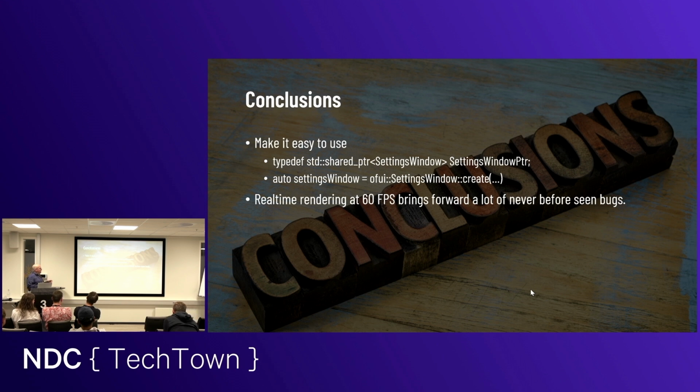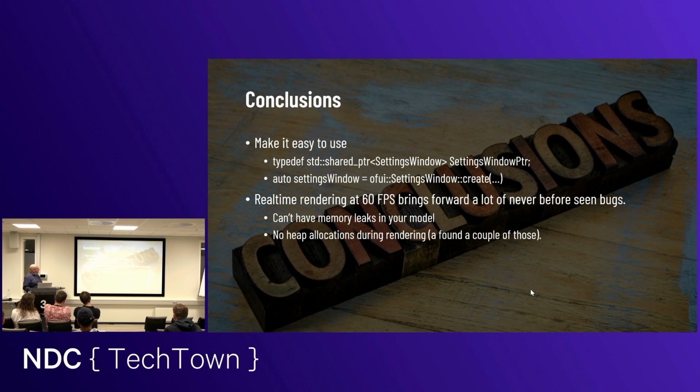So that was a challenge here: I found a lot of bugs that were not visible in my old application, but really came through when I did this. You can't have memory leaks in your model. I also found I had heap allocations in rendering, which really slowed down the rendering loop, so I removed some of those as well.